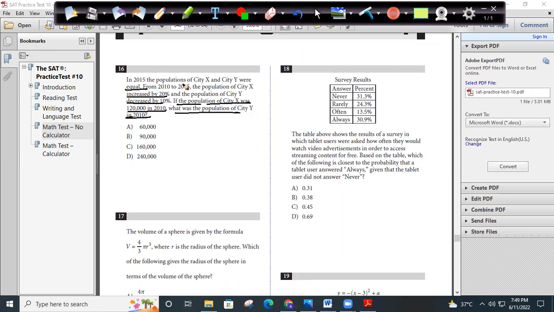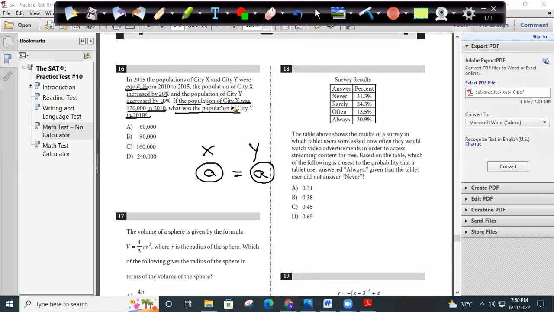In 2015, the population of city X and city Y were equal. So there are two cities, X and Y, and the populations are equal: A is equal to A. The population of city X is A and the population of city Y is also A. From 2010 to 2015, the population of city X increased by 20% and the population of city Y decreased by 10%.